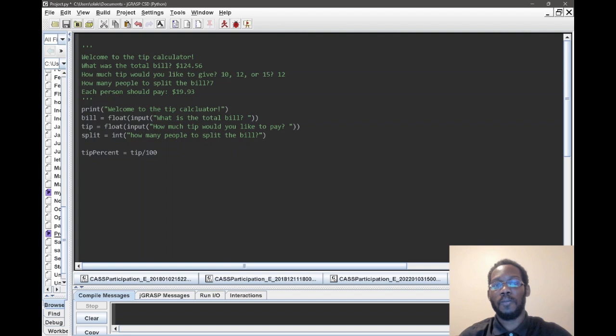And let's calculate how much each person would pay without the tip. That would be the bill divided by the split. Bill of each.